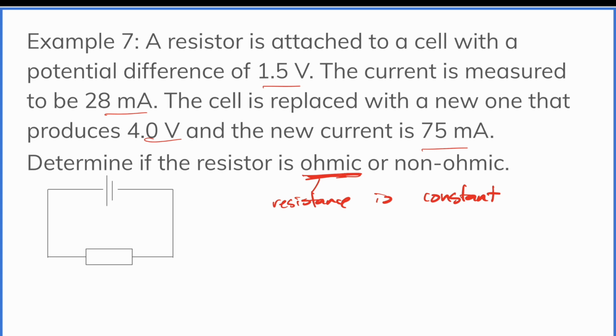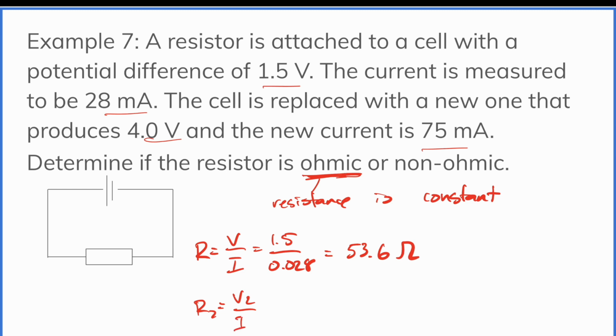So for this first series, we have R is equal to V over I, which is 1.5 over 0.028, and we get 53.6 ohms. And then in the second scenario, R2 is going to be V2 over I2.